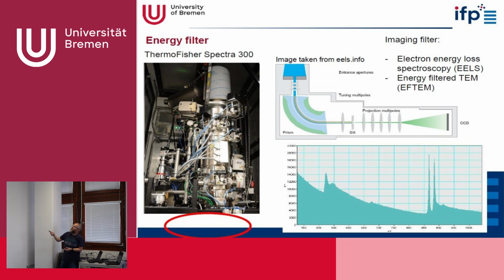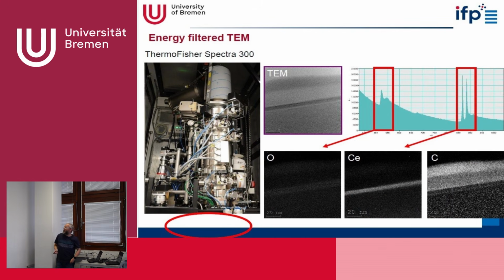Furthermore, we can use the imaging filter in spectroscopy mode, but we can also switch it to image mode. That means in this energy selective plane, we can insert an aperture where we cut out electrons that have a certain energy loss, so only these, for example. And this then gives us an image.